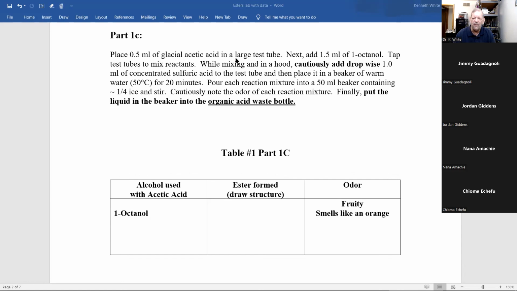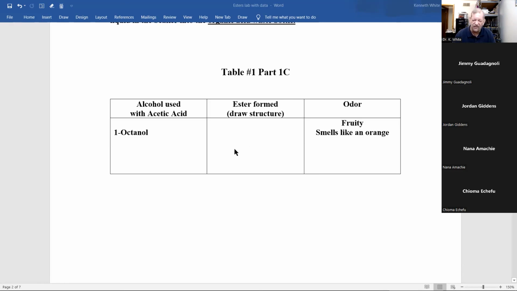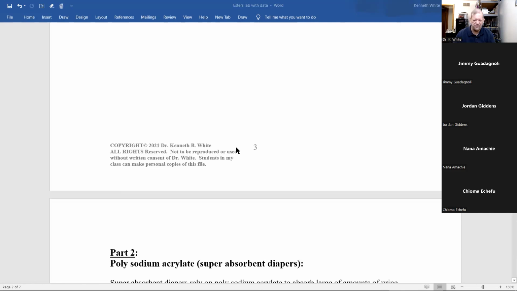We add 1.5 milliliters of this alcohol, 1-octanol, mix it, make the ester, and we make octyl acetate, which I'm not asking you to learn, but you should know how to draw the structure. That's a key ester that makes an orange and other fruits smell like they do. It smells fruity, or really, if you do it right, wow, that smells like an orange. And students are always amazed.